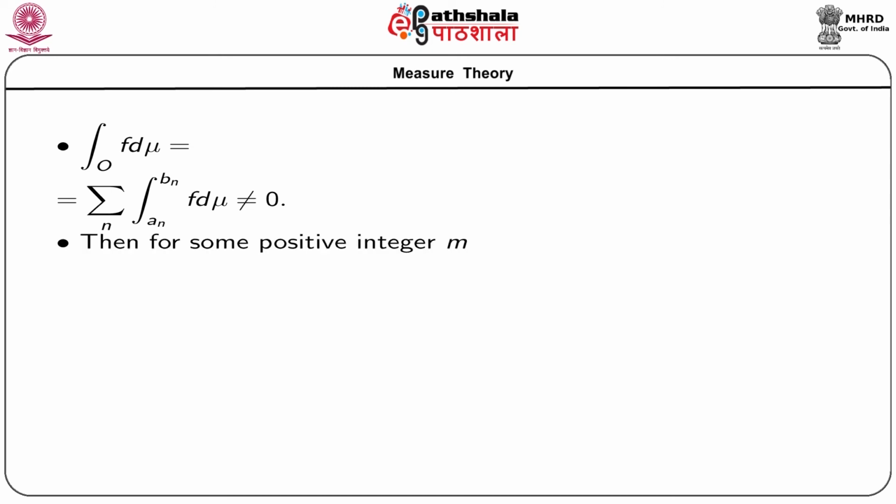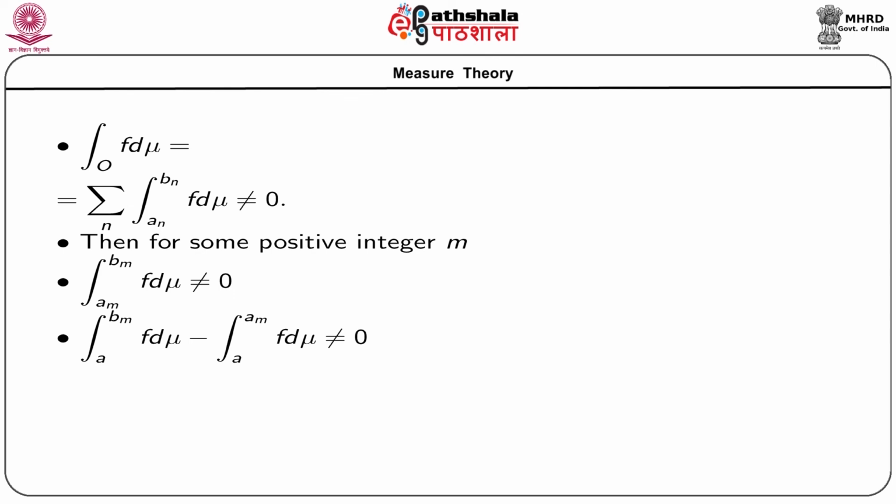But this shows that at least for some positive integer m, the integral from a_m to b_m of f d mu should not be equal to 0, because if every integral from a_n to b_n of f d mu is equal to 0, then the whole sum is also equal to 0, which is not the case.